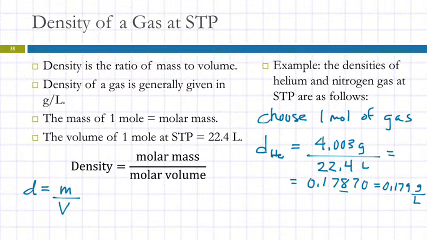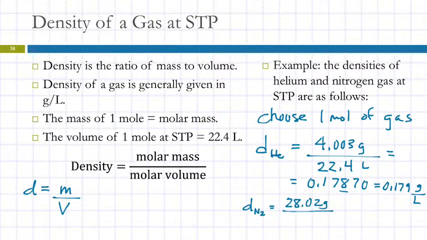Let's calculate the density of nitrogen. Again, choose 1 mole of gas. What's the mass of 1 mole of nitrogen? 14.01 times 2, because nitrogen is a diatomic gas. So 28.02 grams.